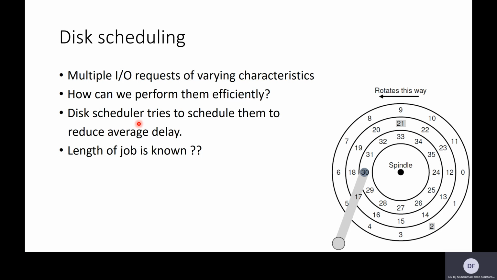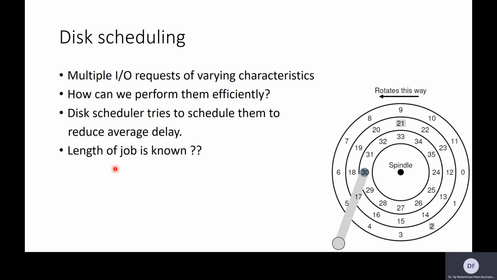Delay is the time from when the request was sent to when the request was completed. The difference between the request send time and the completion time we call the delay, and the disk scheduler basically tries to reduce the average delay of the system.